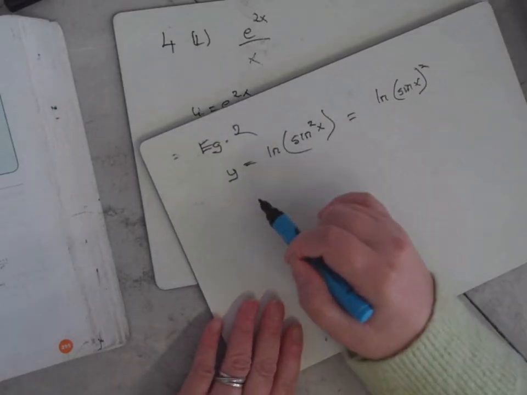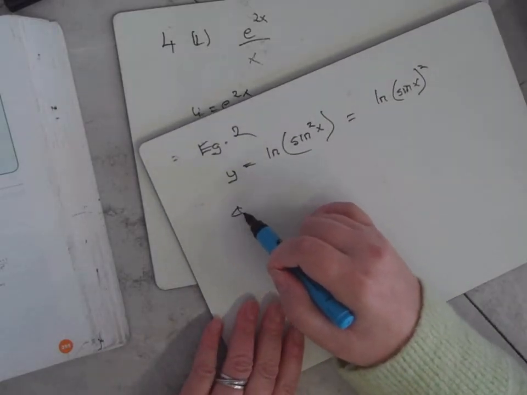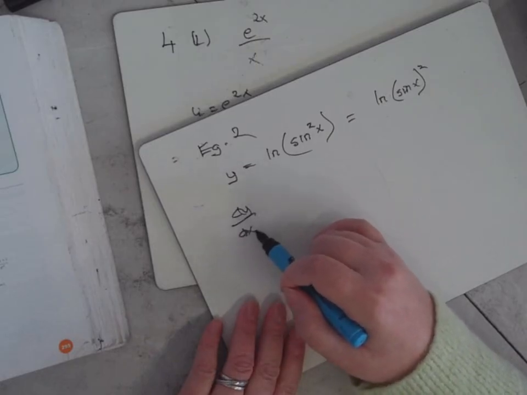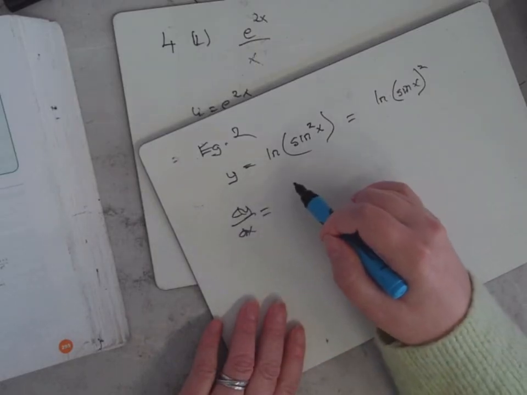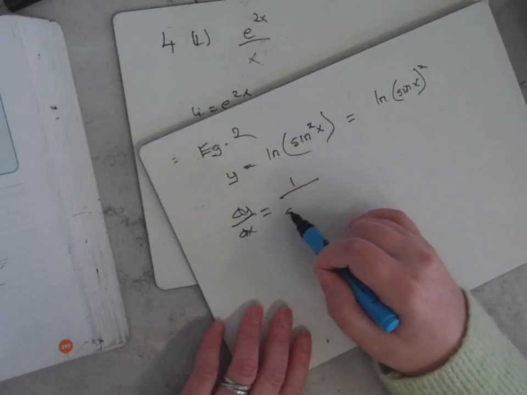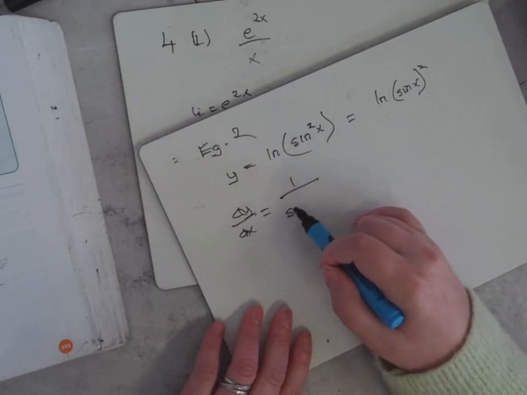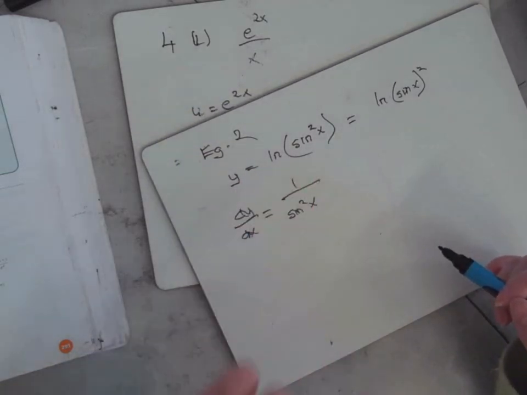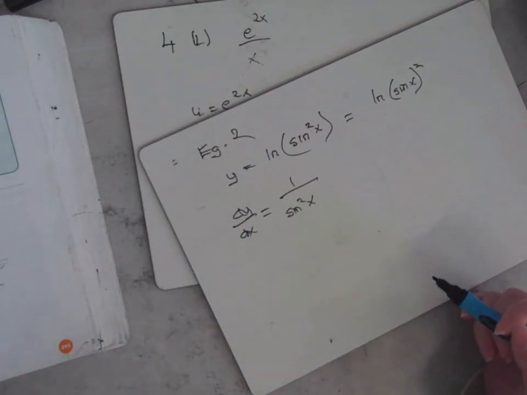Okay, is that right? So the first thing you do is you differentiate the log. So differentiate the log bit, what will I get? 1 over sine squared x. So that's the log bit differentiated. Now I have to differentiate sine squared x. So that's the chain rule.